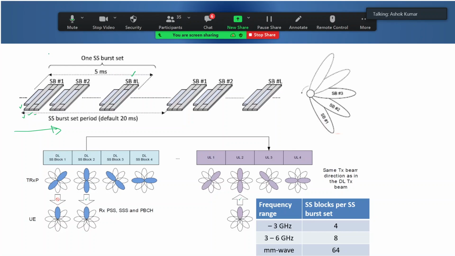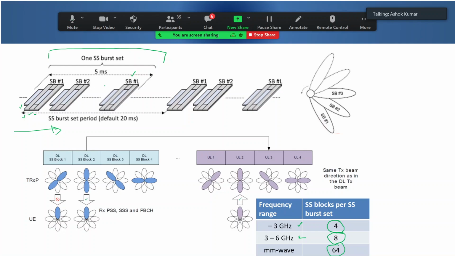So within 5 millisecond, 5 millisecond means half of the frame or 5 subframes, you transmit a set of number of SSB. And what is the maximum possible? Maximum possible is 4 in case of frequencies less than 3 gigahertz, 8 in case of frequencies between 3 to 6, and 64 in case of millimeter wave. So within 5 millisecond, a number of SSBs would be transmitted.